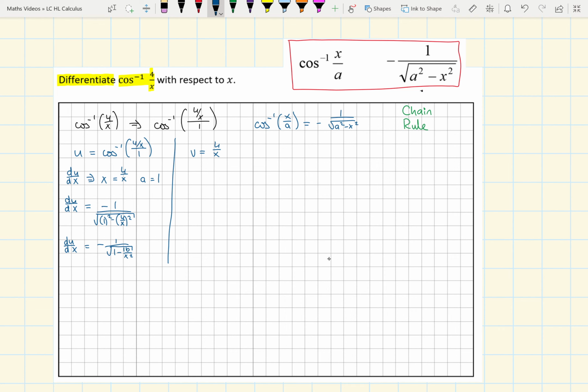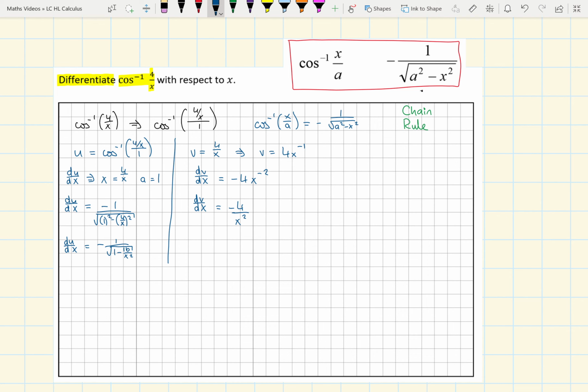Now we'll have a look at v, so I'm going to go and rewrite that. Bring up my x and it comes to the power minus 1. So now for differentiating, bring down your minus 1, we'll get minus 4x to the power minus 2. I'm going to rewrite that, just make it a bit easier. I'll get minus 4 all over x squared, bring my x to the power minus 2 down.